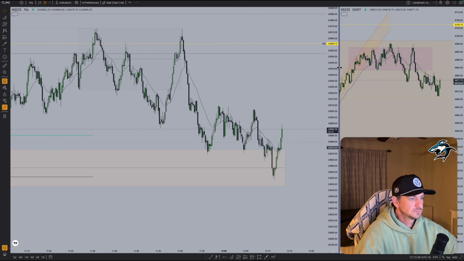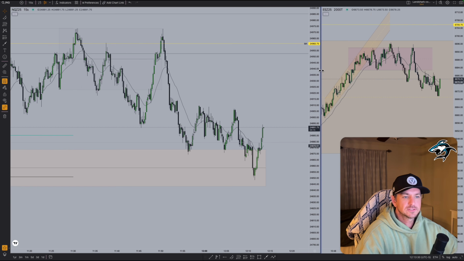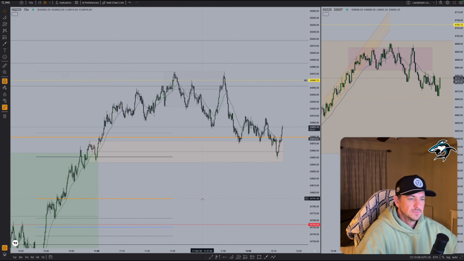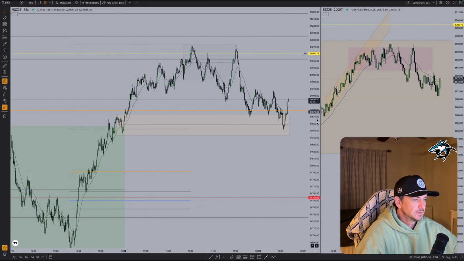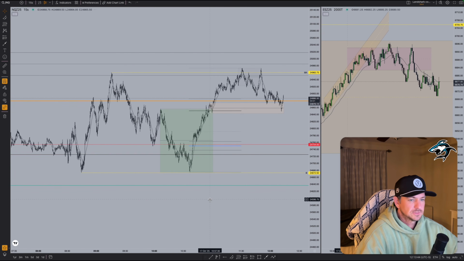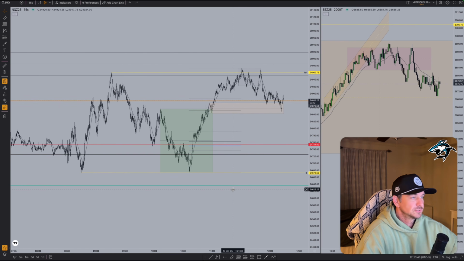So the market likes to move in kind of these double impulses, right? It's known as measured moves, double impulse, a bunch of different terminology you could use for it.